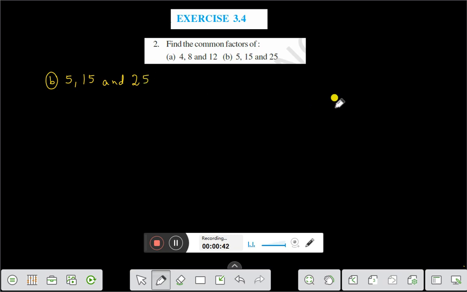First of all, we find the factors of 5, that is 1 into 5 is equal to 5.